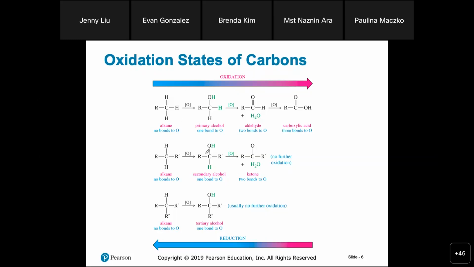I want to repeat what I said last time: oxidation means the gain of oxygen and loss of hydrogen. Reduction means gain of hydrogen and loss of oxygen. You can see here the primary alcohol. First it undergoes oxidation, which means addition of oxygen.